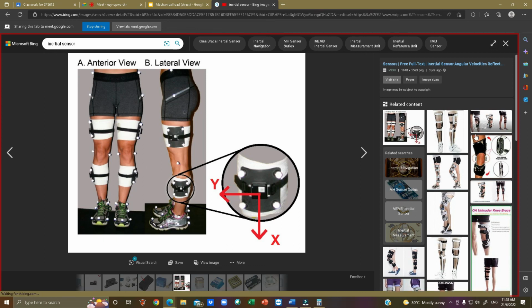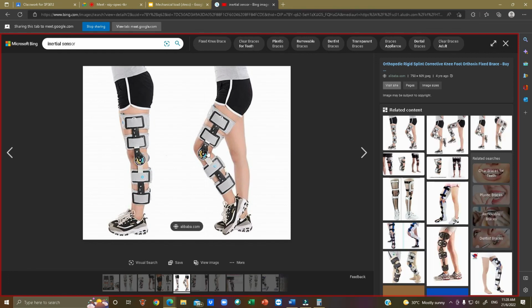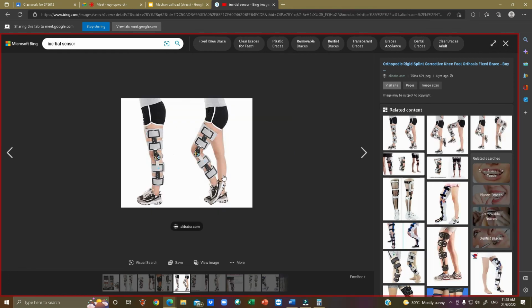So, the sensor will determine where you are, and they will come out with a model. So, kita tak perlu lagi pakai marker. This is known as inertial sensor. Okay, tadi 3D analysis based on optical. This one is 3D analysis based on inertial sensor. These two are the most common 3D methods.